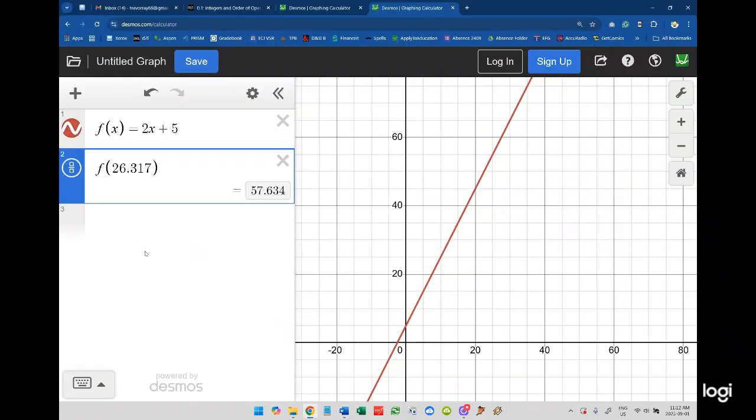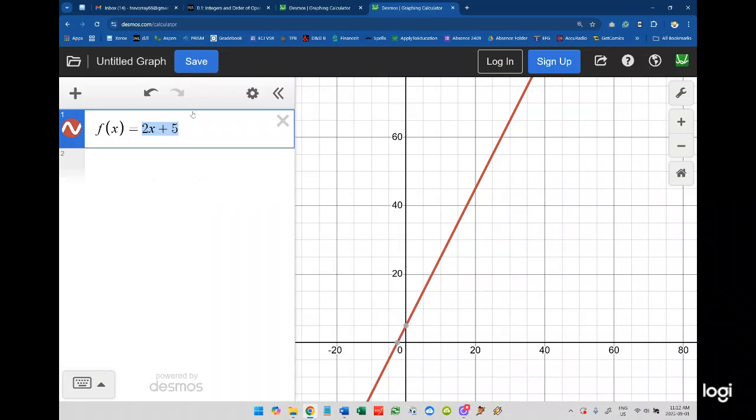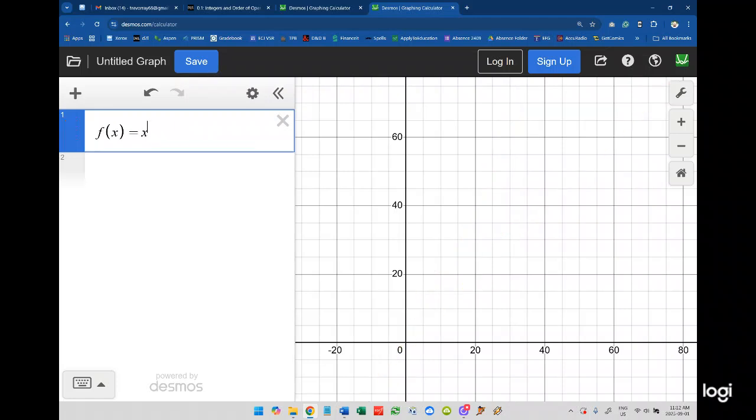Okay, so I'm going to put in something maybe a little bit more interesting. Get rid of that for a second. I'll take a look at a quadratic, and we'll do x squared minus 3x minus 5. And you'll notice that I can see it. I already did some zooming in.